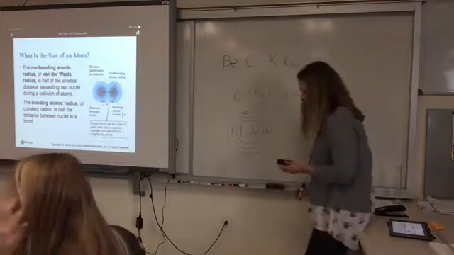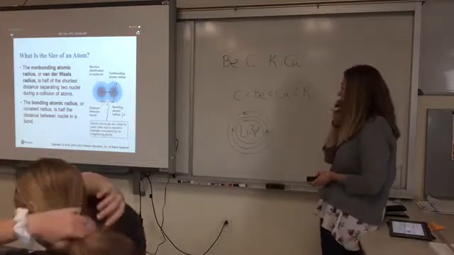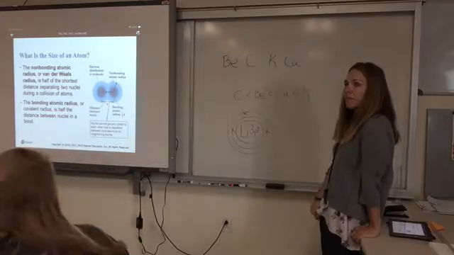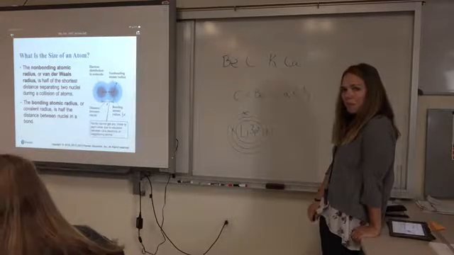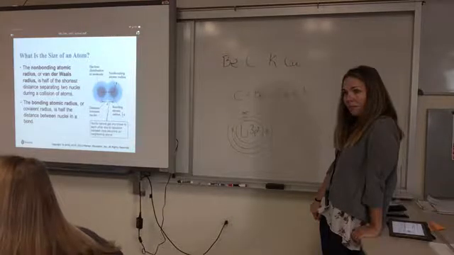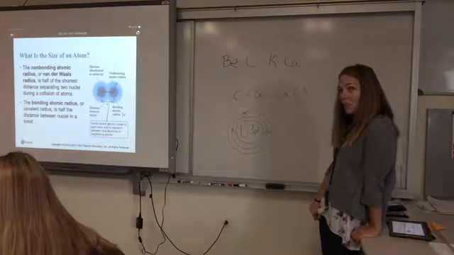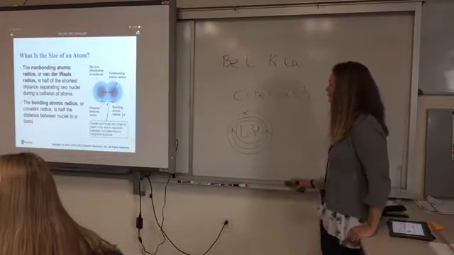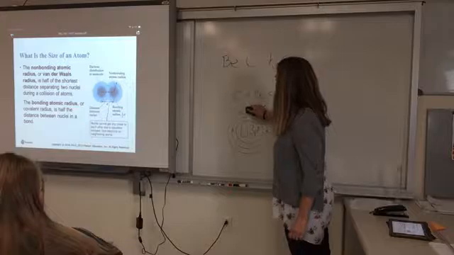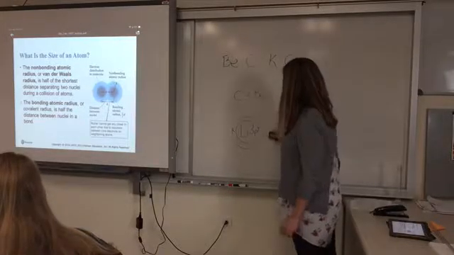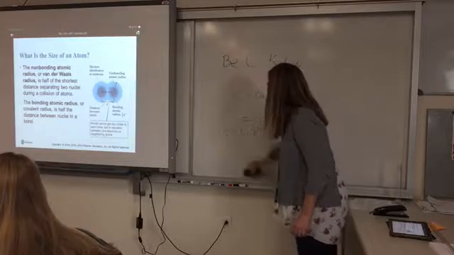This is the lithium atom. What happens when lithium becomes an ion? It loses an electron. Which electron? The outer electron. It loses the outer electron to become an ion.